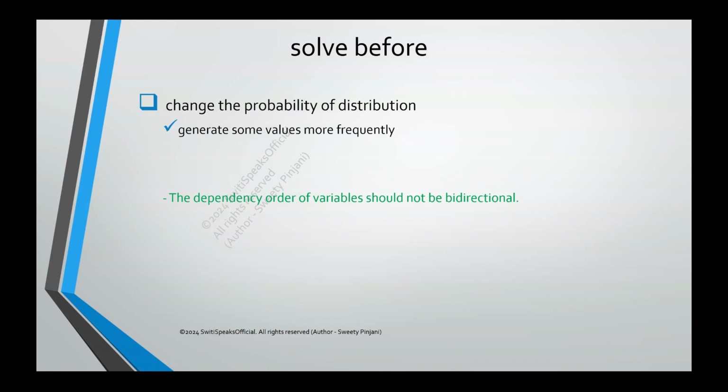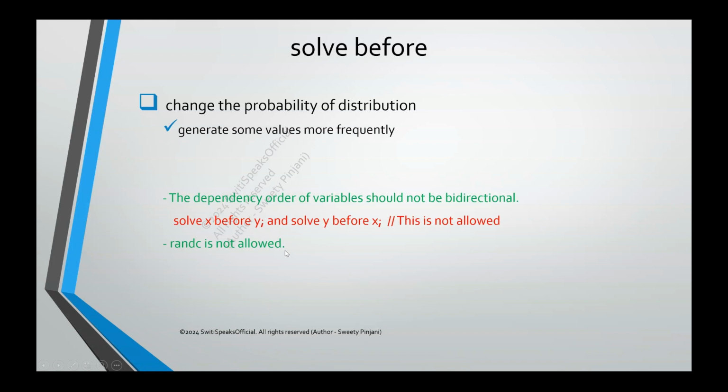If I say solve x before y, then I can't say solve y before x. This is not allowed. Either you solve x before y or you solve y before x. Use either one of them, whatever suits your requirement. Using both together is not going to be allowed.